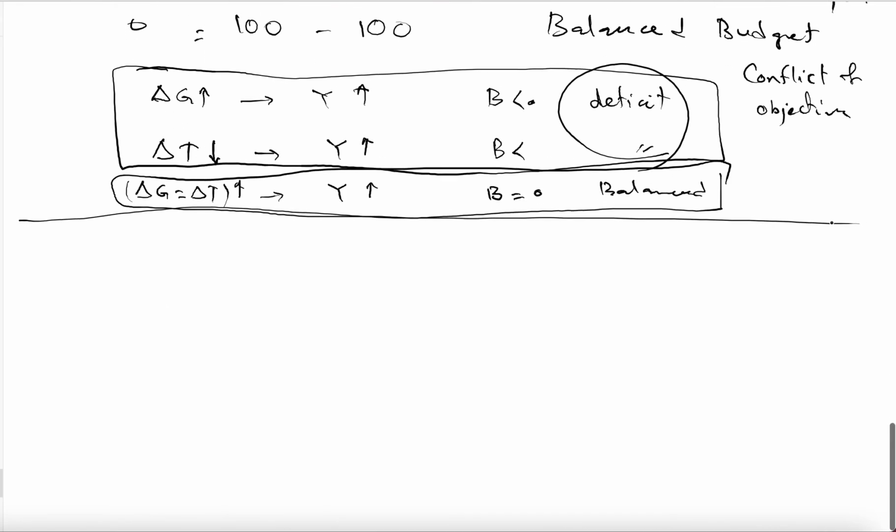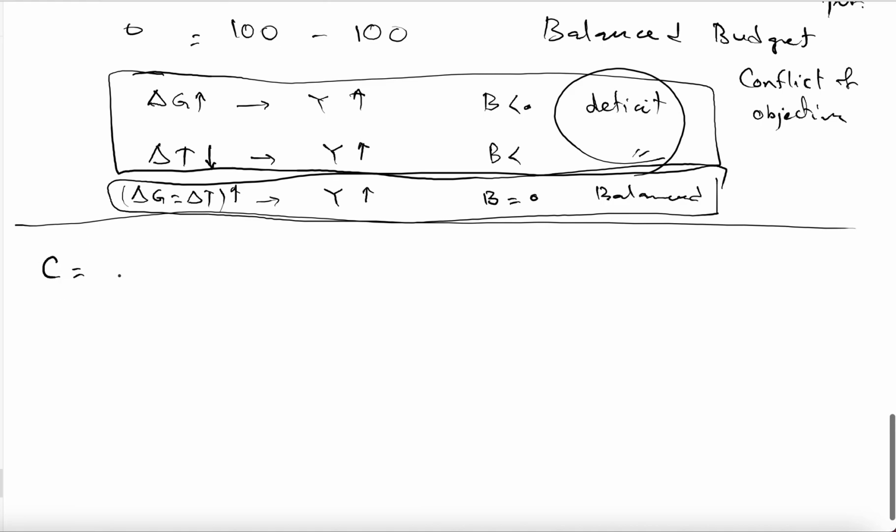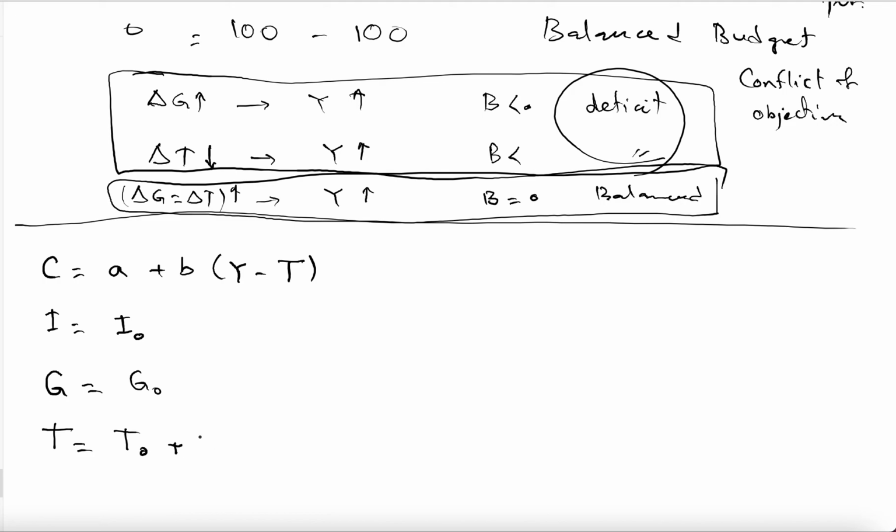If the consumption is A plus B(Y minus T), and I is equal to I0, and government spending is G0, this is Appendix B, and the tax is equal to T0 plus a tax rate multiplied by the level of income. So the government is deciding to take a lump sum tax plus a proportional tax.